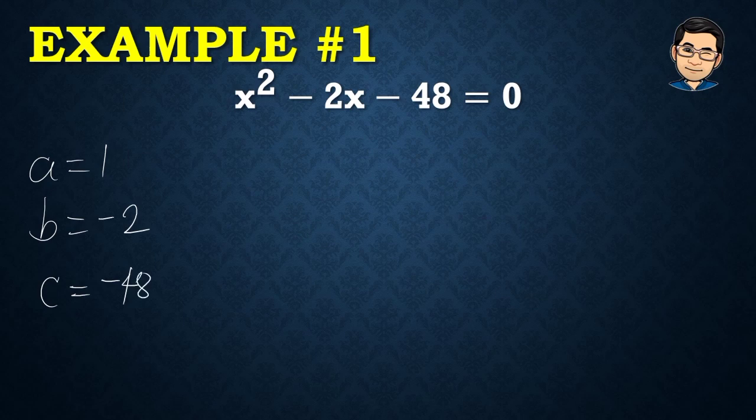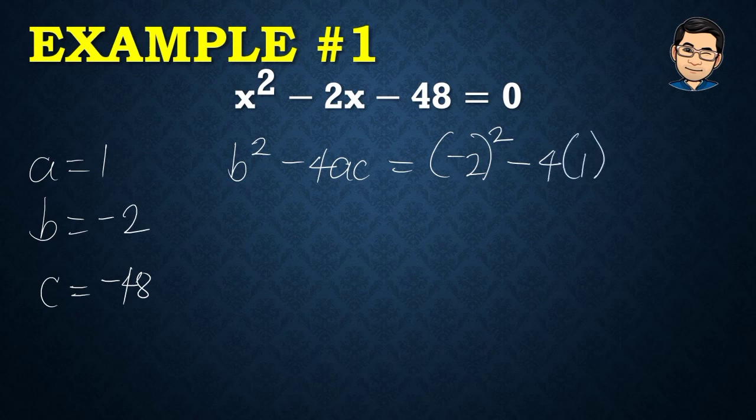So applying b squared minus 4ac is equal to the value of b, that is negative 2, squared minus 4 times the value of a, 1, and then the value of c, negative 48. Negative 2 squared, that is positive 4, and then negative 4 times 1, that is negative 4, times negative 48, that is 192.